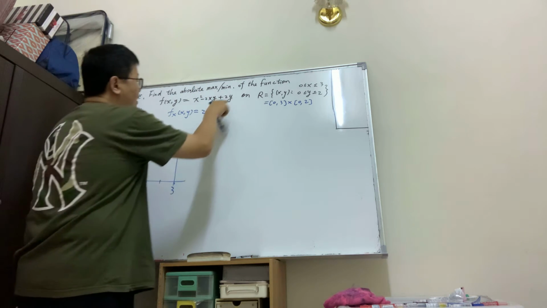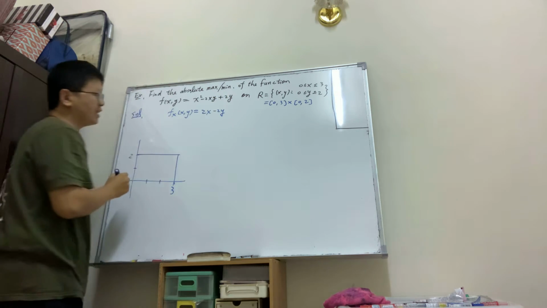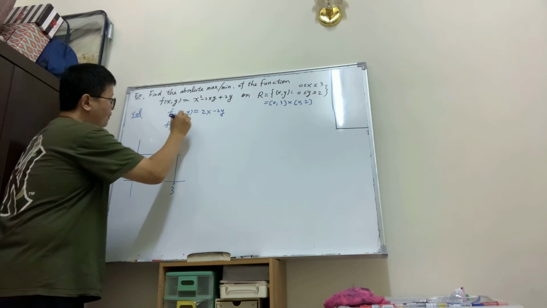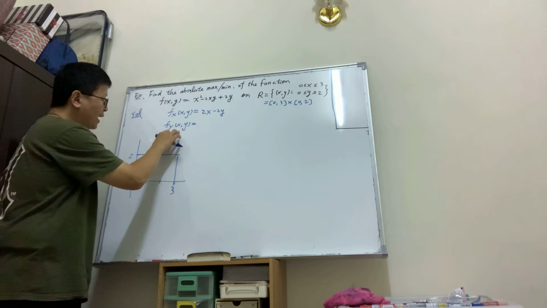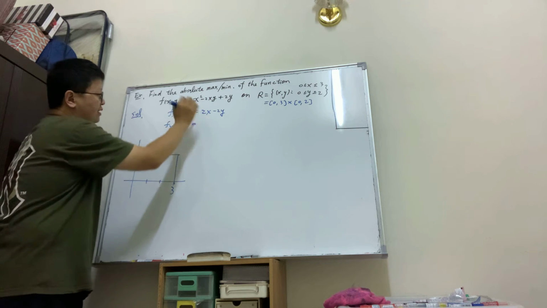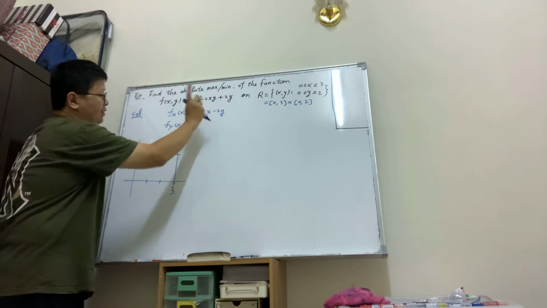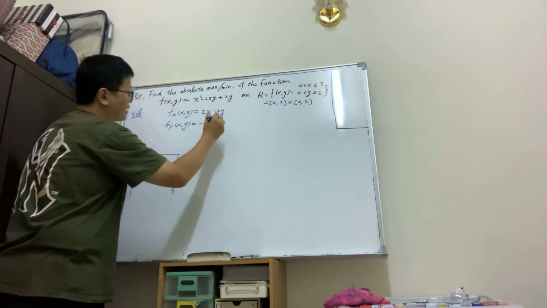And 2y is a constant, so its derivative is 0. And f sub y: now the variable is y, then view x as a constant. So x squared has derivative 0. Negative 2x is constant times y, y has derivative 1, so subtract 2x. And this one has derivative plus 2.